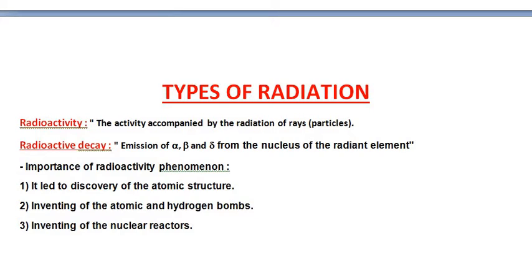These radiations are called alpha radiation, beta radiation, and gamma radiation, from the nuclei of these radiant elements. The importance of the radioactivity phenomenon led to the discovery of atomic structure, the inventing of atomic and hydrogen bombs, and the inventing of nuclear reactors.